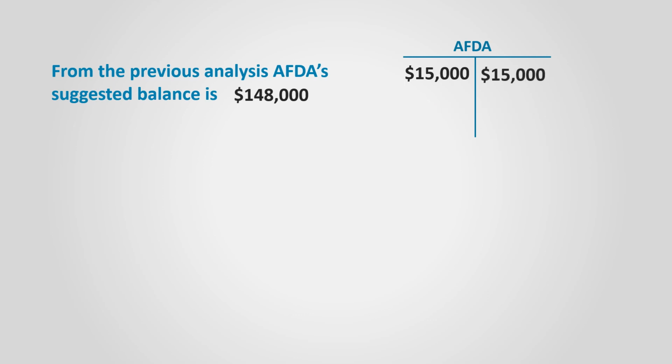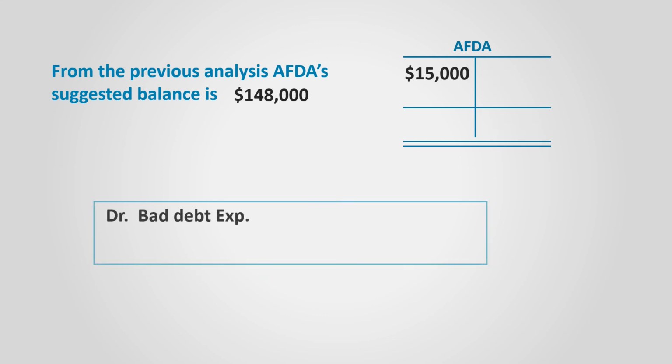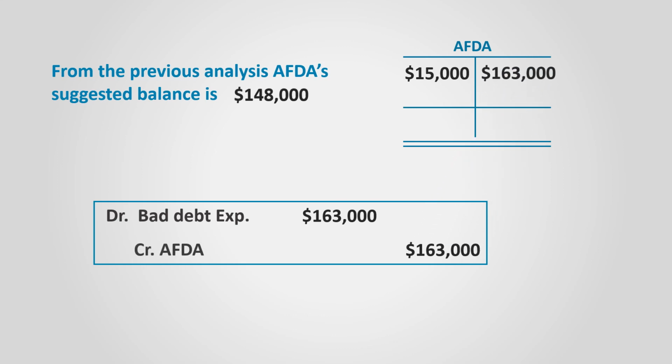In this case, we are going to add $148,000 to the debit balance of $15,000, which is equal to $163,000. The entry would be to debit the bad debt expense by $163,000 and credit AFDA for the same amount. When this amount is posted to the AFDA account, its balance will be equal to $148,000.